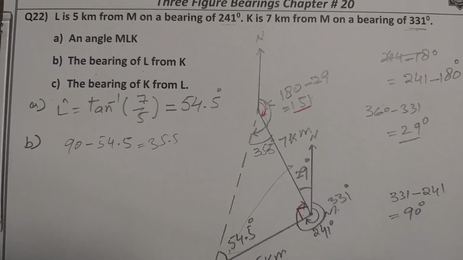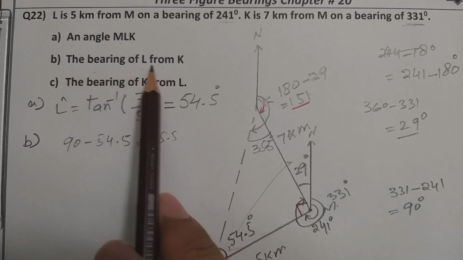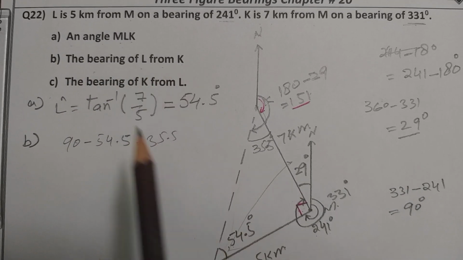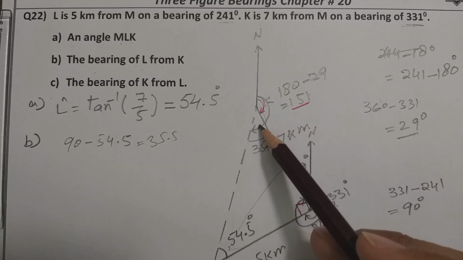Now we need to find the complete bearing from K to L, so this is 151 and this is 35.5.